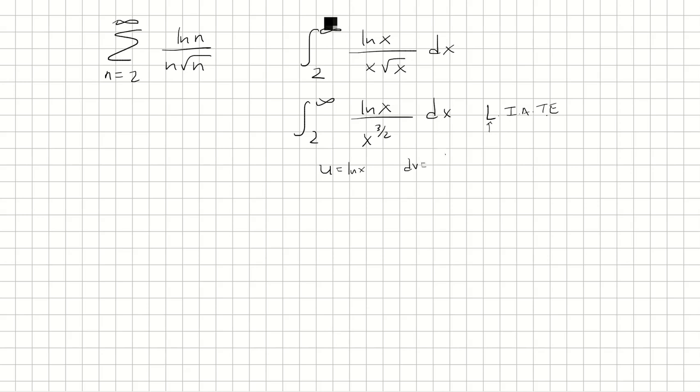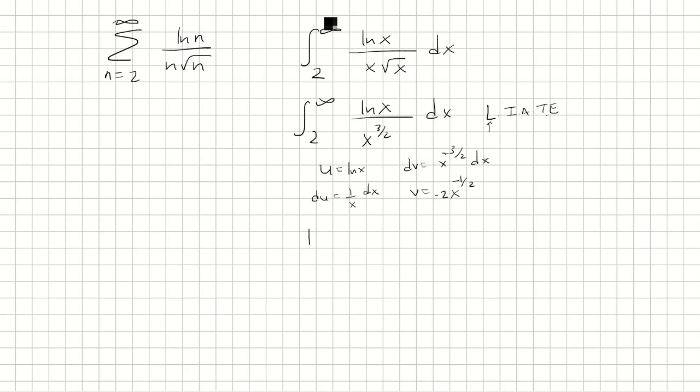So that's 1 over x to the 3/2 power, which I'm just going to rewrite as x to negative 3/2 dx. And the derivative of the natural log is just 1 over x dx. And the antiderivative of x to negative 3/2 is x to negative 1/2, and then we're dividing it by negative 1/2, which is multiplying by negative 2.